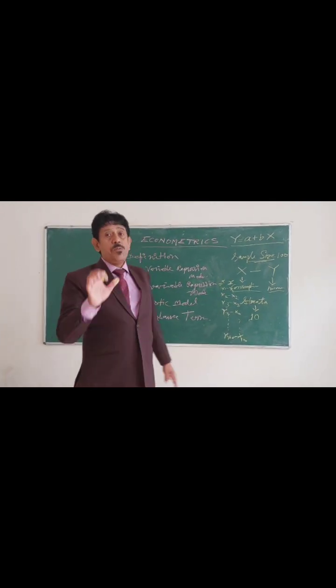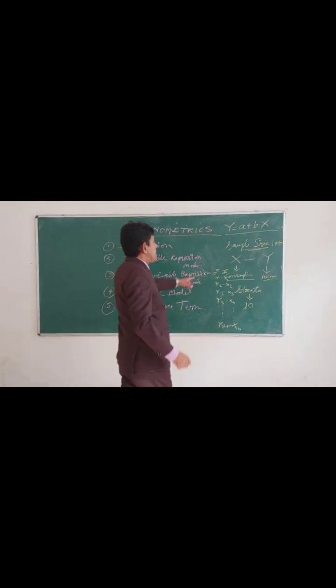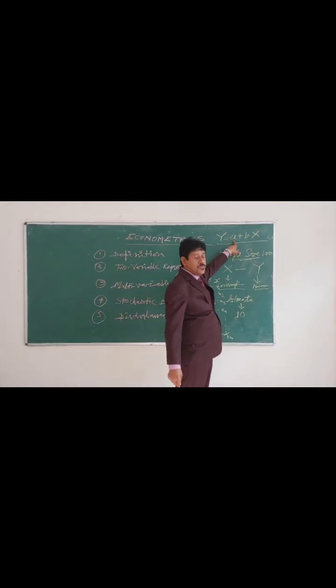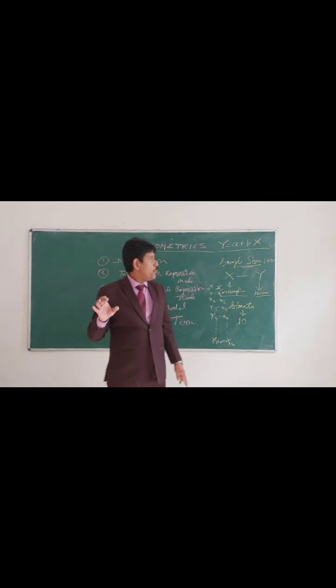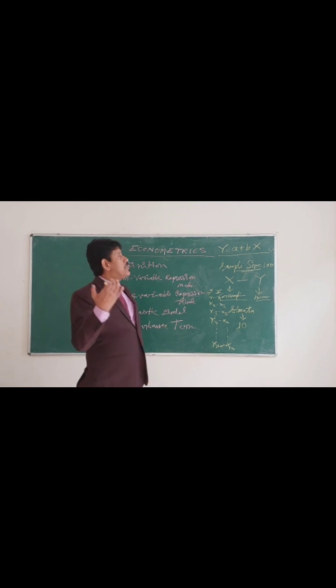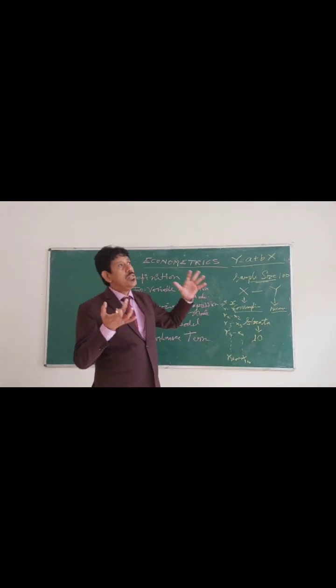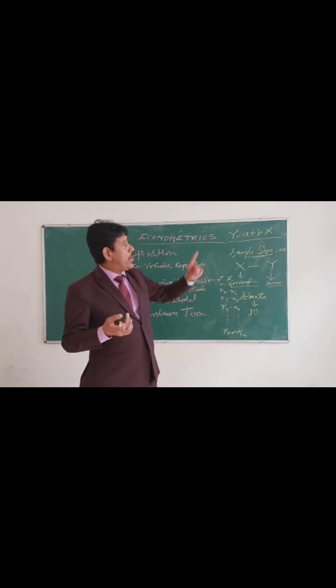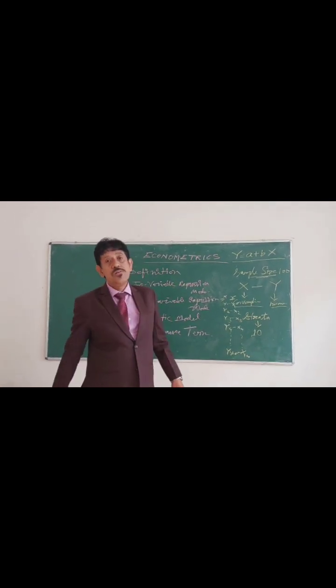Now, as far as mathematical interpretation goes, this a is the intercept of the two variable model. What is intercept? It is the value which the dependent variable takes when the value of the explanatory variable or independent variable is 0.